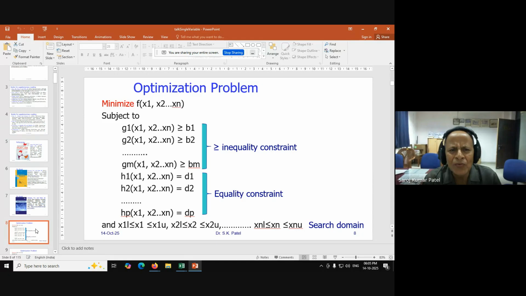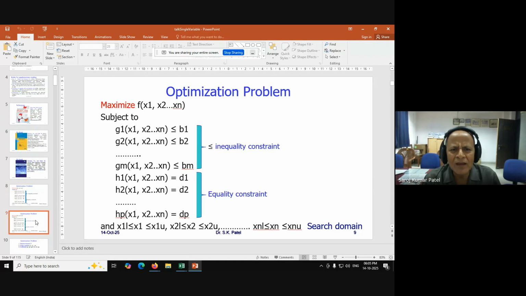There we will be maximizing it. So we will write down an objective function. So f is the objective function, and it is a function of a number of variables, x1, x2 up to xn.